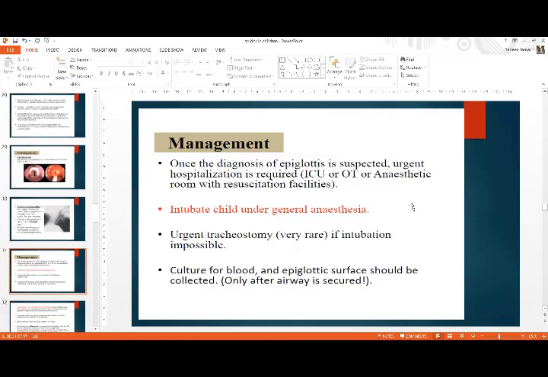Before this, you are not supposed to even examine the throat. Although you have the suspicion, you will not touch the patient, you will not make him open the mouth for examination, because once you do, there is such a large degree of risk that the child will immediately hold the breath.